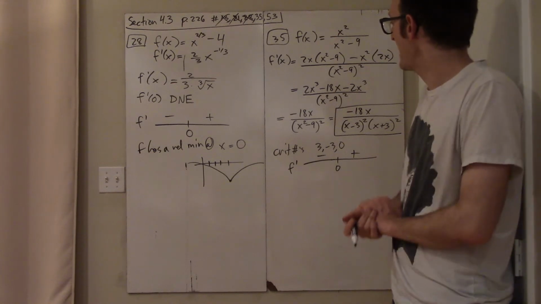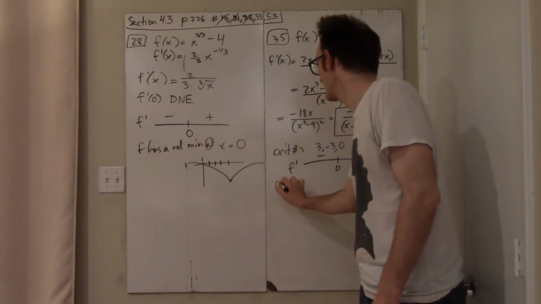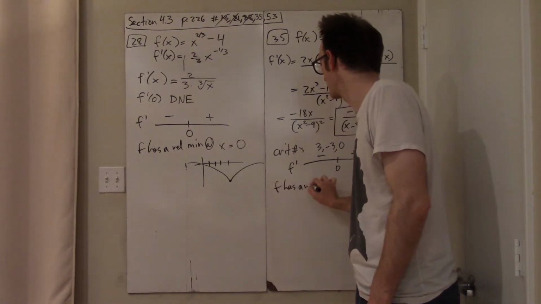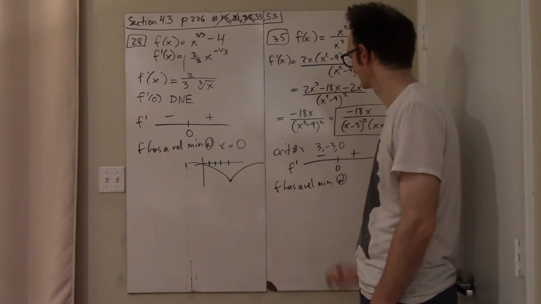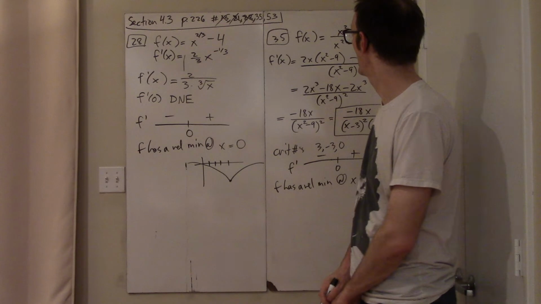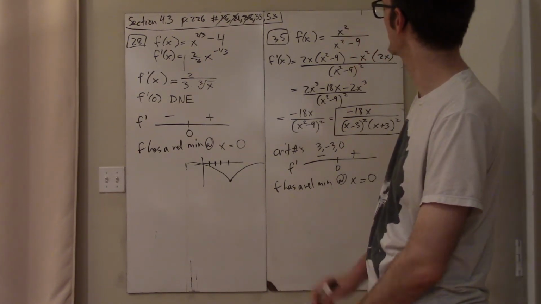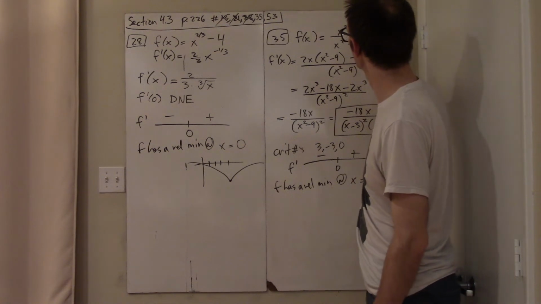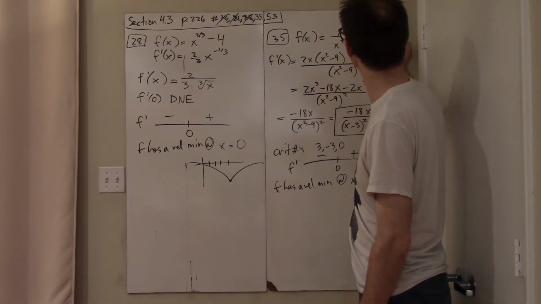Okay, and what do we see therefore? We see that f has a relative min at x equals 0, and nowhere else. In some ways, we already knew what this function looked like from pre-calc C, because this is x squared over x minus 3, x plus 3.